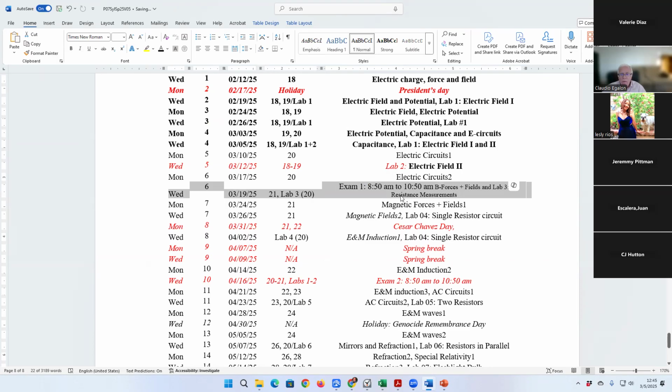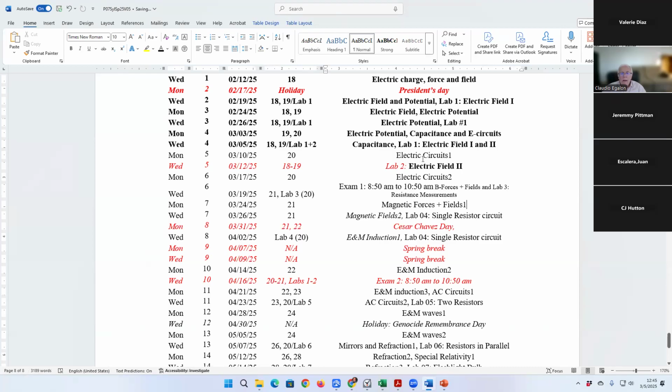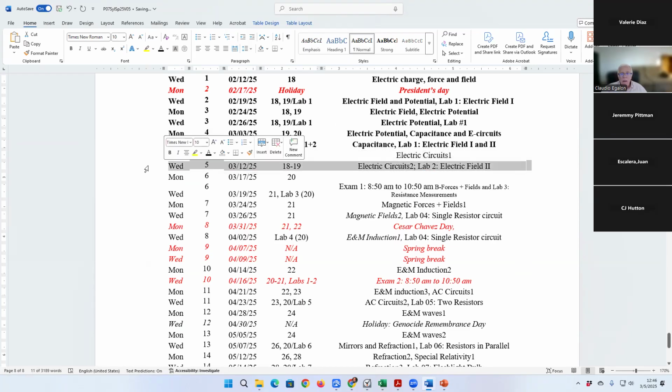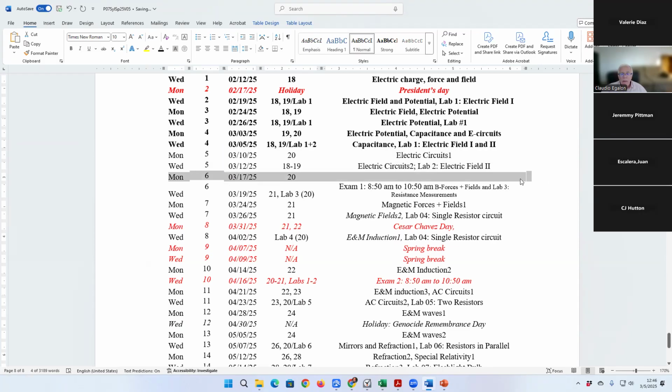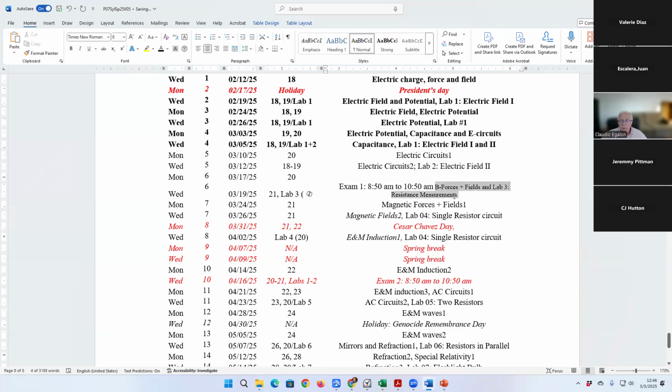Exam. Okay, resistance measurements. Let's see, electric circuits. Let's put electric circuit 2 here. That's the one I need to fix. Monday, Wednesday, Monday. Let's see, this one be filled right in here.